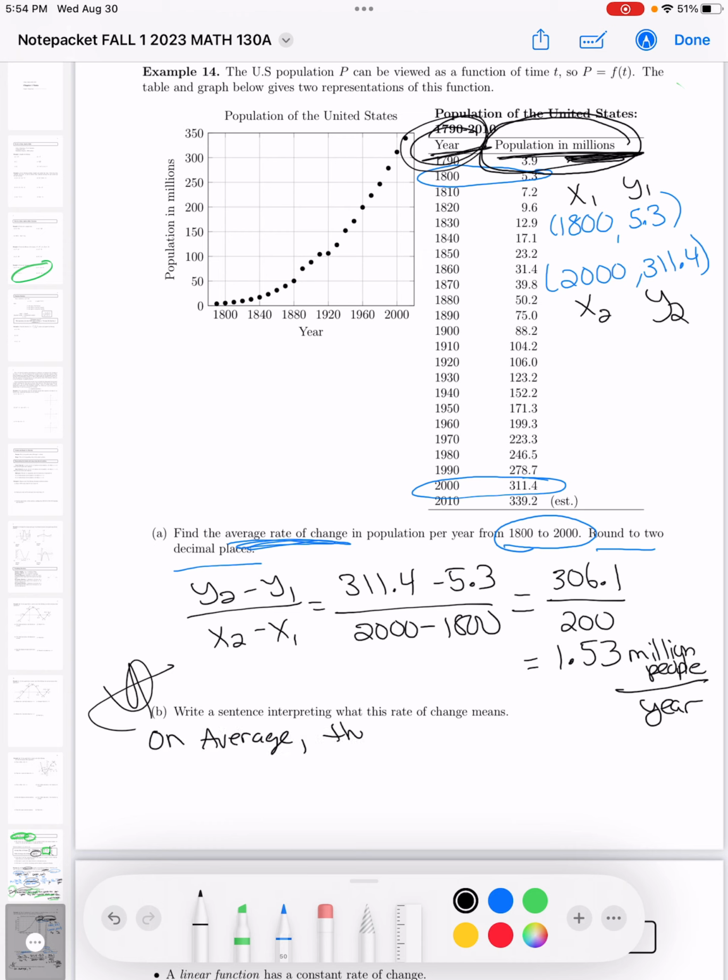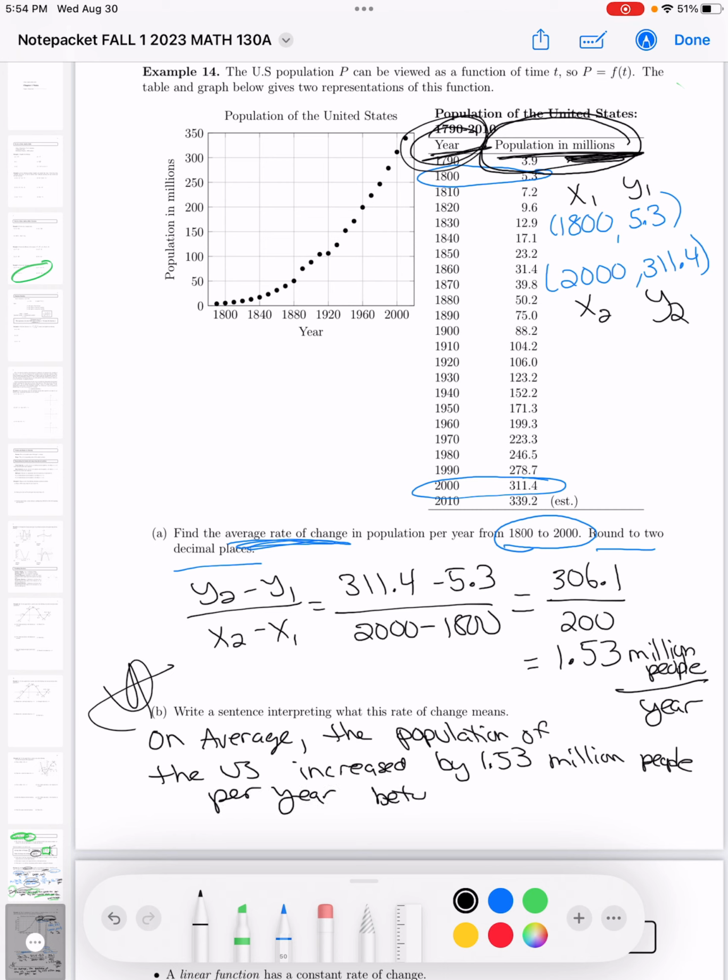So on average, the population of the U.S., this one's going to be increased because that was a positive slope, increased by 1.53 million people per year between 2000 and 1800. You've got to have that word increased in there. You've got to have that million people per year in there to get the full credit.